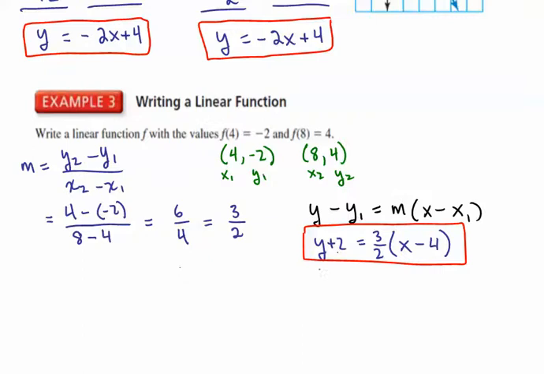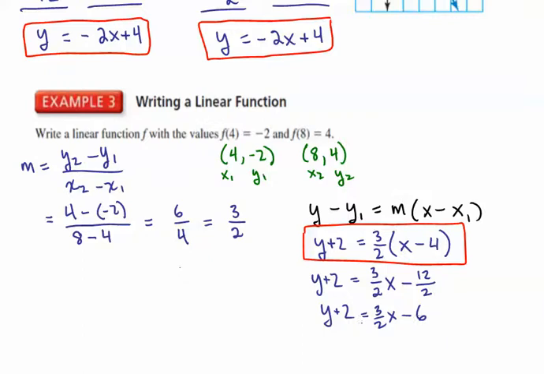Then I am going to distribute on the left side: 3/2 x, then 3/2 times negative 4 is minus 12 over 2, which is the same as minus 6. So I get y plus 2 equals 3/2 x minus 6.